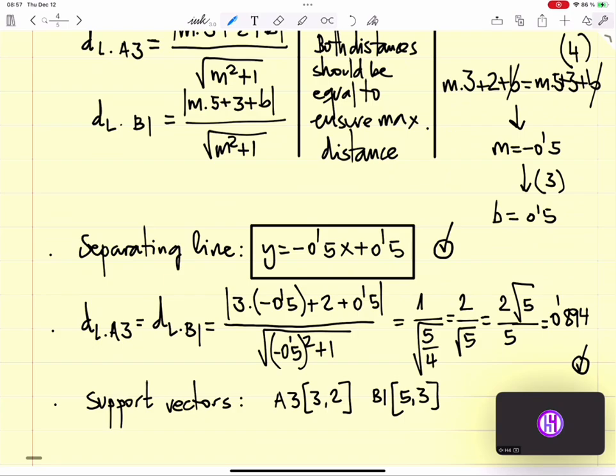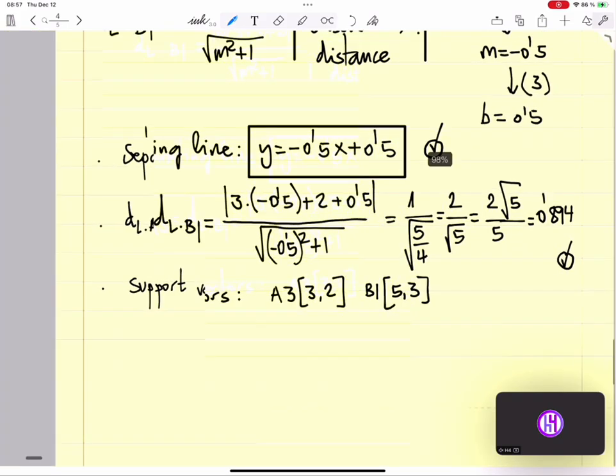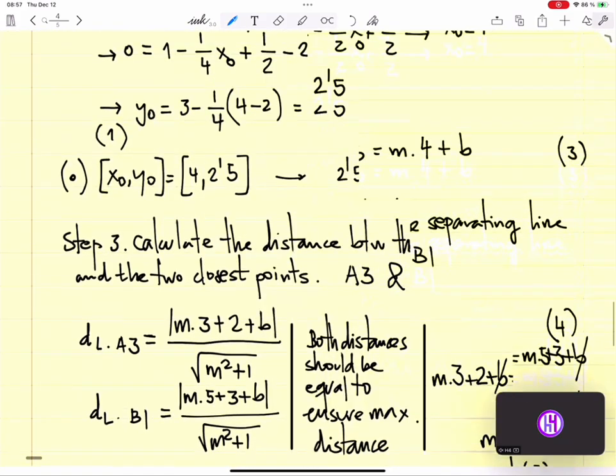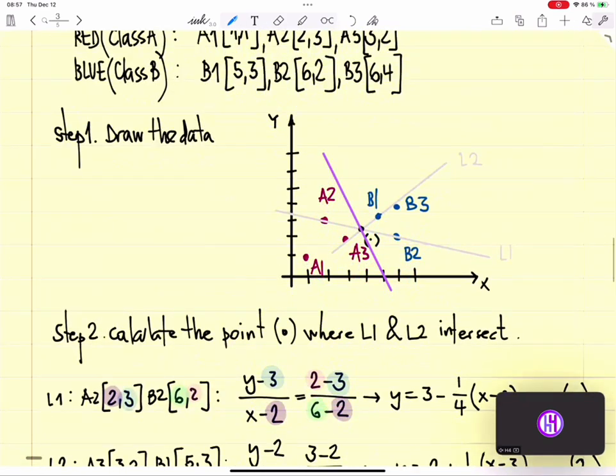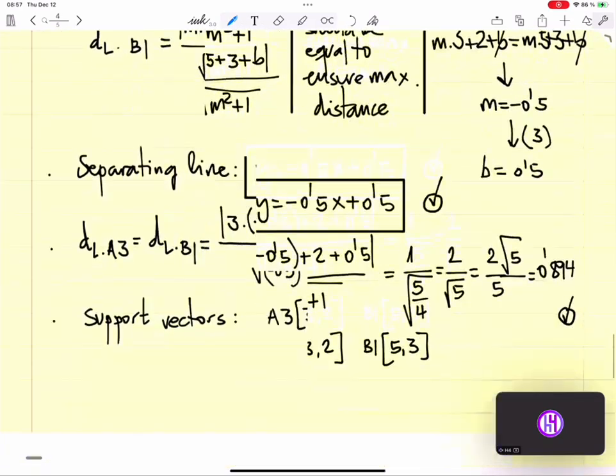The reason why you call this support vectors is because these points support the calculation of the, let me paint a little drawing more.